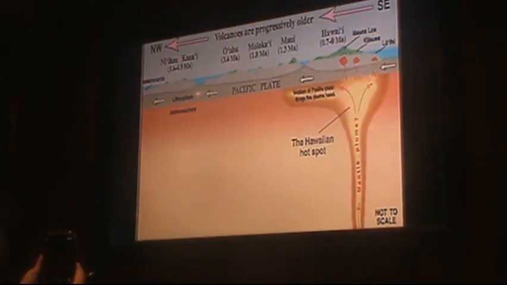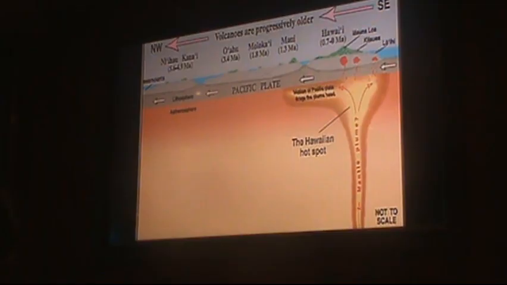And this plate, because as we just said, convection is moving this plate in a northwest direction, this plate just is moving over this hot spot like this, and every now and then it'll poke up an island as this plate is moving. And this is how scientists know which direction the Pacific Plate is moving as well.